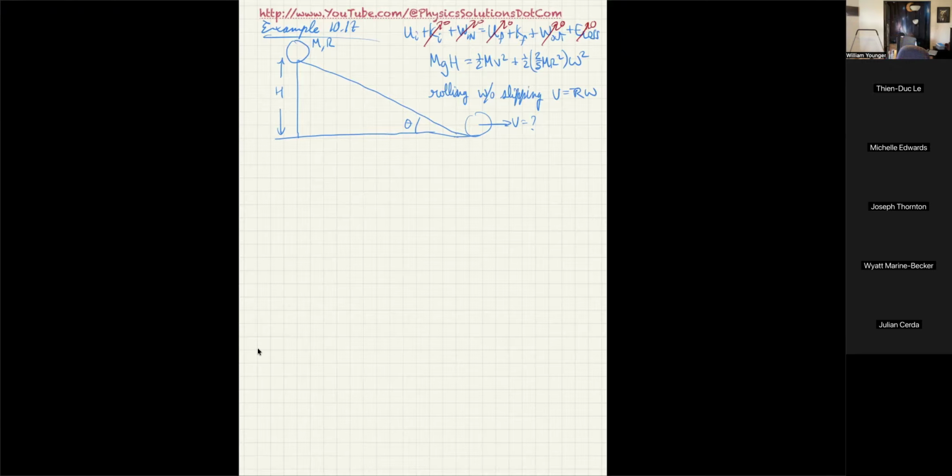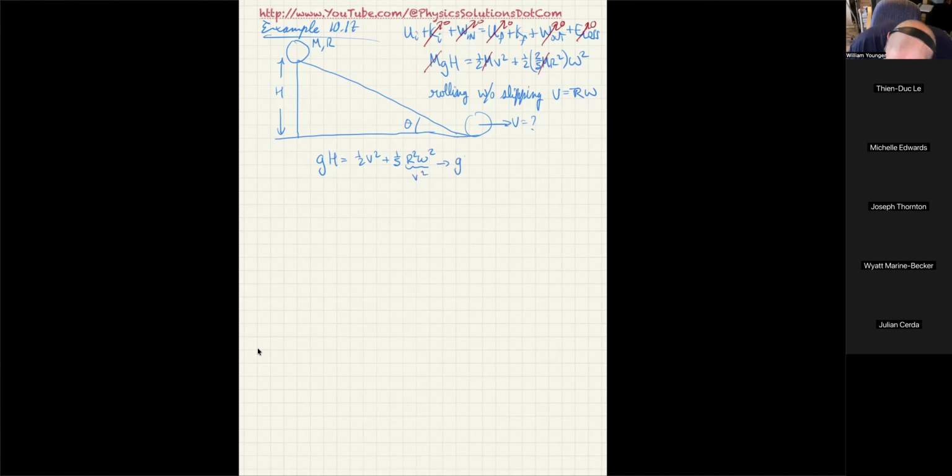So we're going to make use of that. And specifically, I can now see that there's a common factor of m on all the terms. And I can carry this on and say g times h is equal to 1/2 v squared. Notice the 1/2 and the 2/5, the 2's cancel out, so I get 1/5 r squared omega squared. But notice r squared omega squared is just v squared.